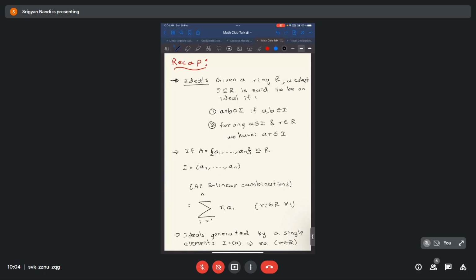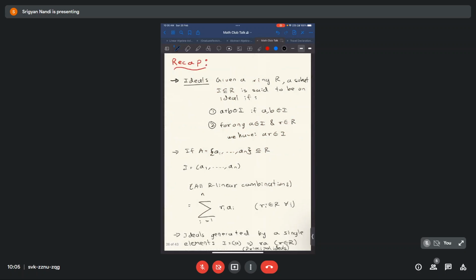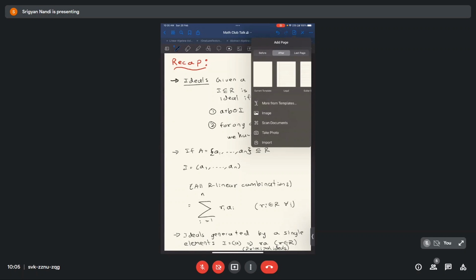So it's all R multiples of the single element A. These are called principal ideals. There is a bit more that I would like to recap.